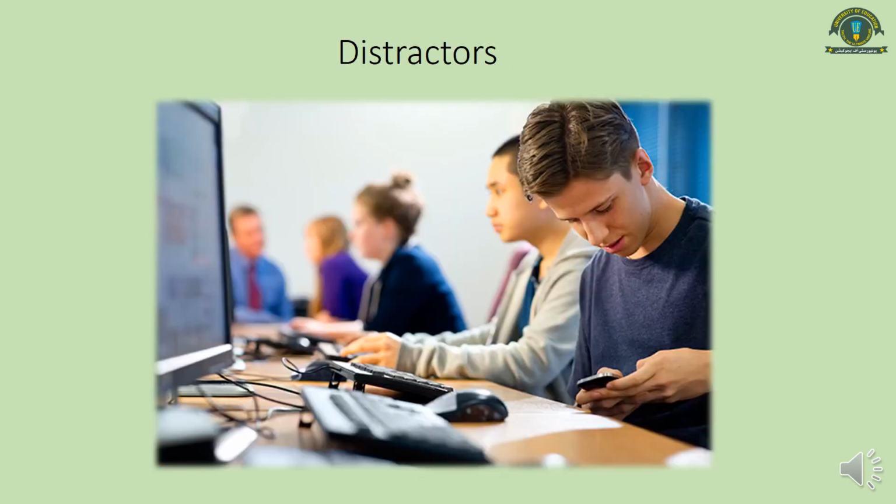Distractors are your mobile phones, television, people around who are not much interested in reading. Such things create a disturbance in your reading skill and reading speed as well. In the last video we discussed reading speed, and I gave you an interesting website for it. You can watch the video again and see the link of the website given in the slides.